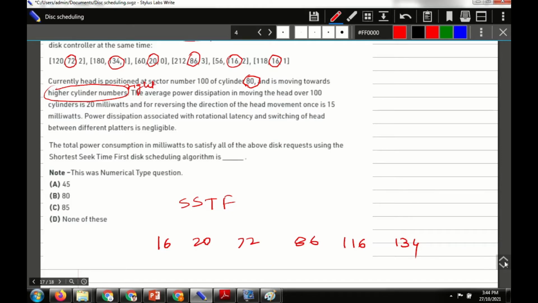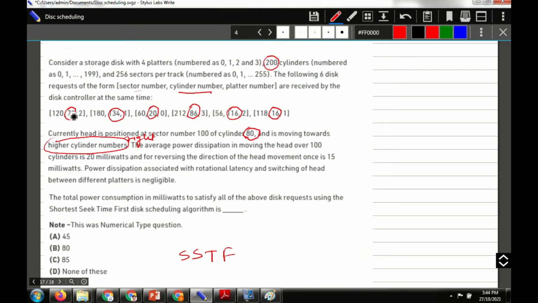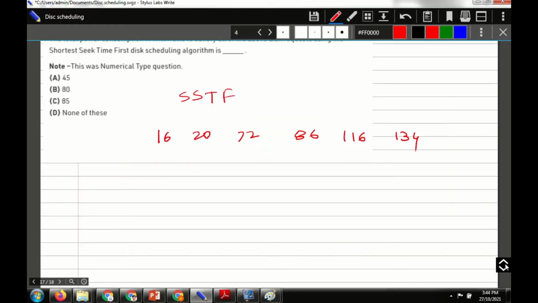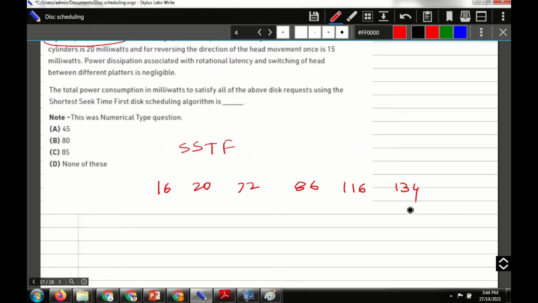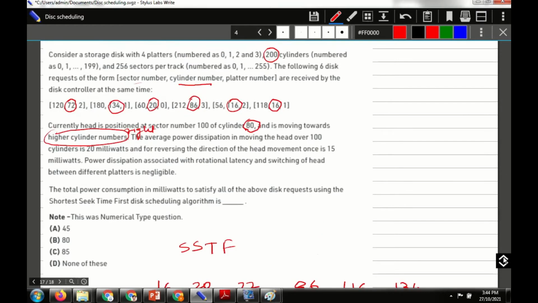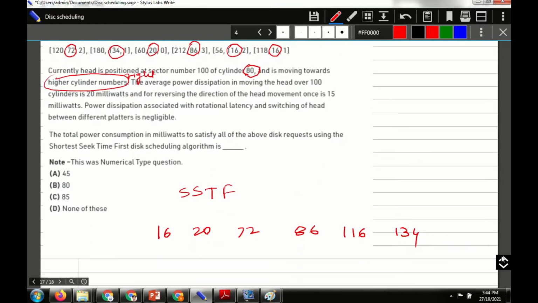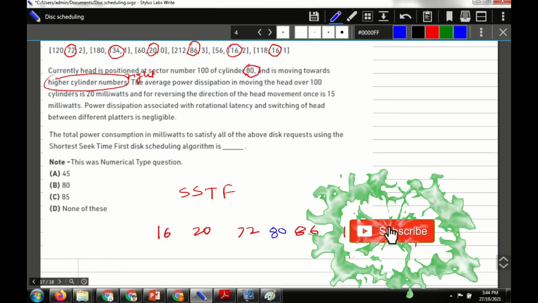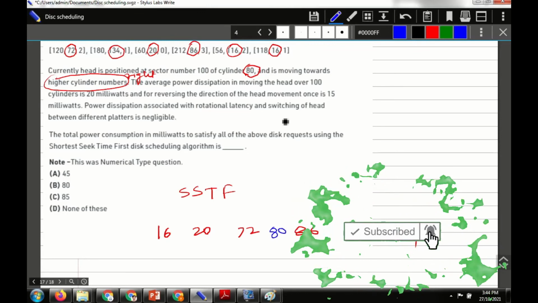These are the 6 requests. Let us check whether we have counted all of them: 1, 2, 3, 4, 5 and 6. Yes, we have considered all the requests. One more thing that is required is the current head position. The current head position is at 80, so we will write this here.